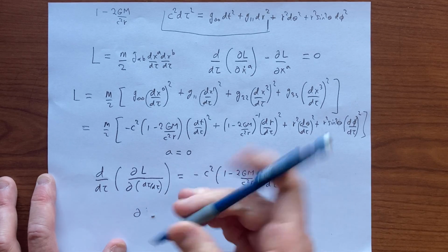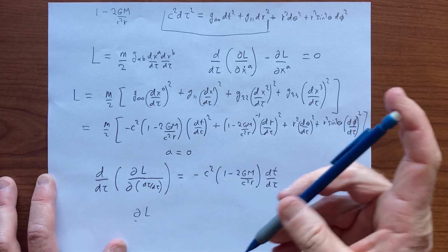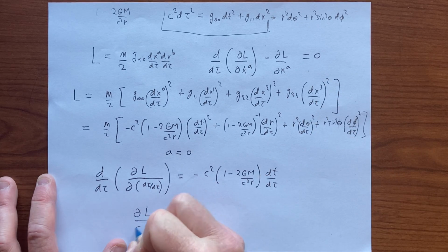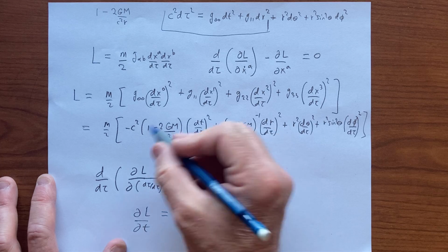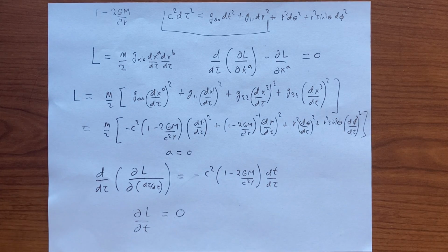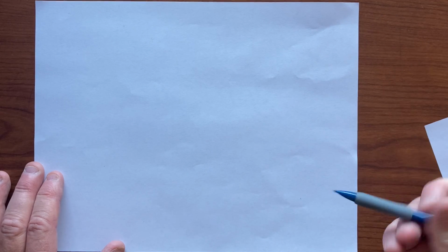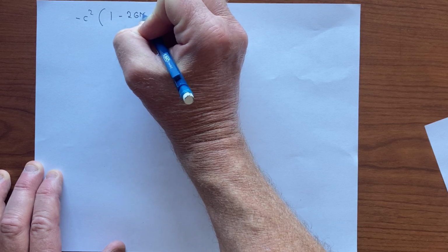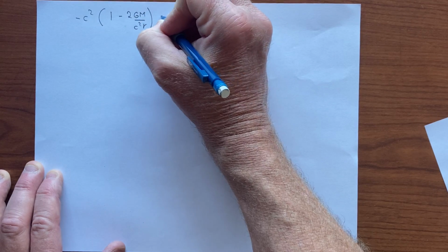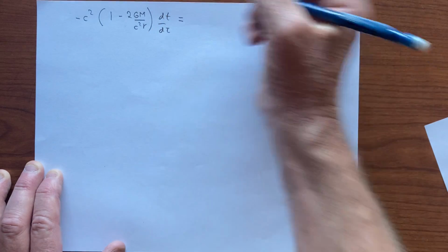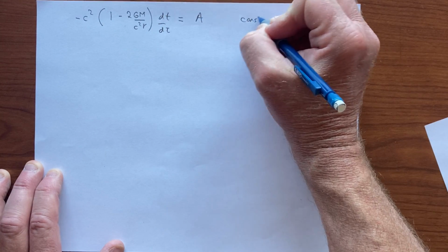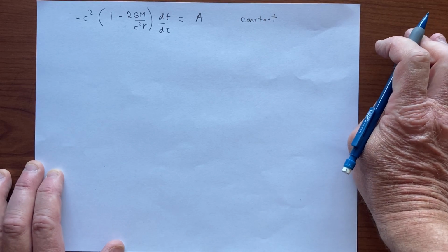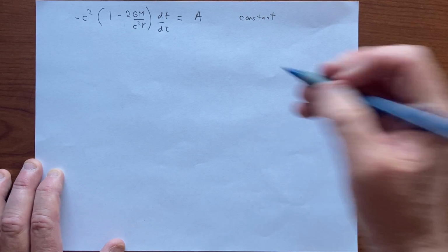And we have dL by dt, and it doesn't depend on t, so that's 0. So we end up having minus c squared times 1 minus 2GM over c squared r, dt by d tau, equal to some constant. Let's call it a. Okay, so we have a constant of the motion, which can be useful to us.